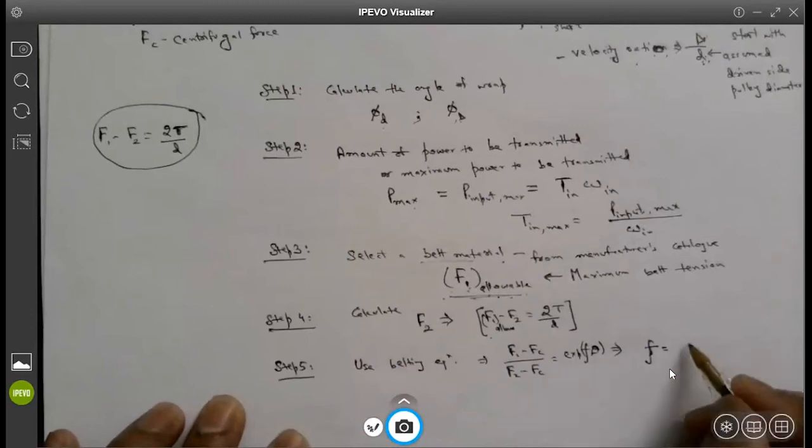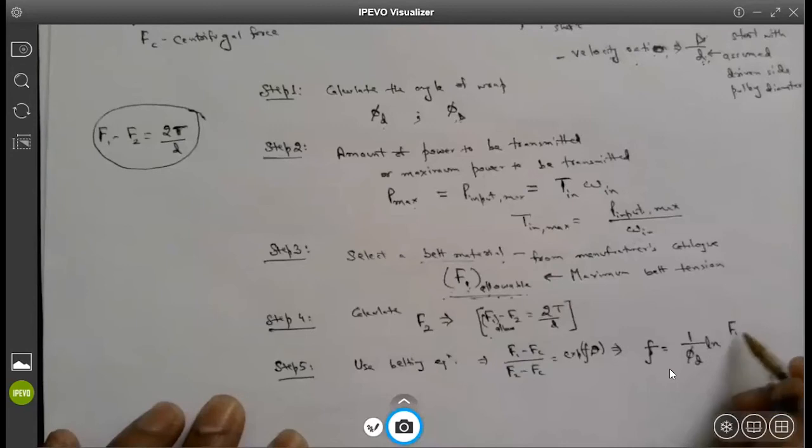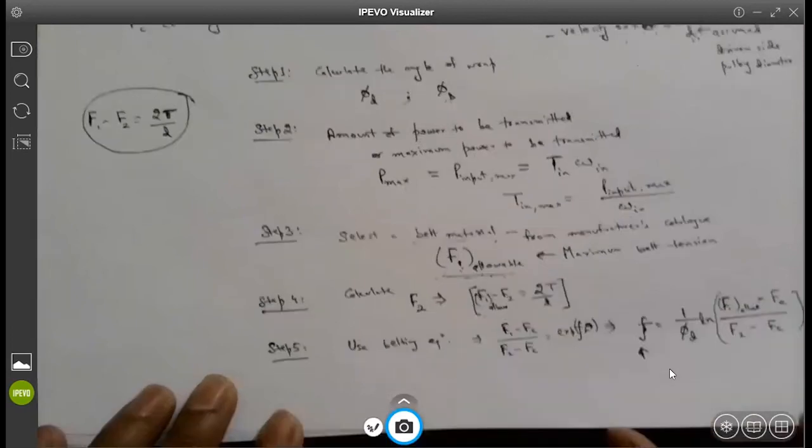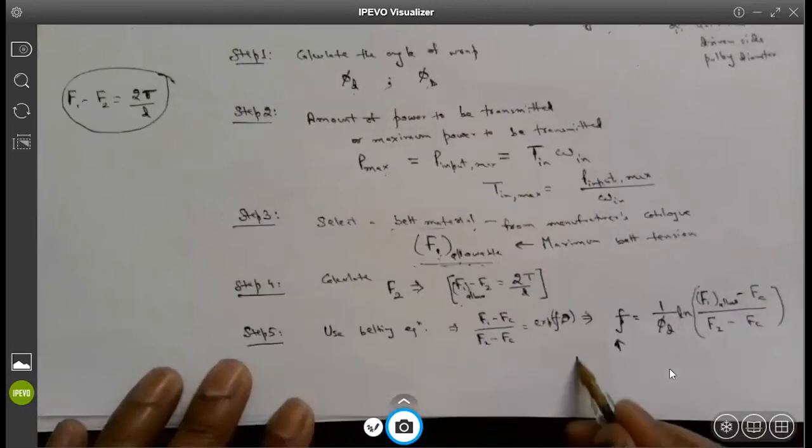So f equals 1 over the angle of wrap times the natural logarithm of (F1 allowable minus FC) divided by (F2 minus FC). So use the belting equation to calculate the required coefficient of friction.